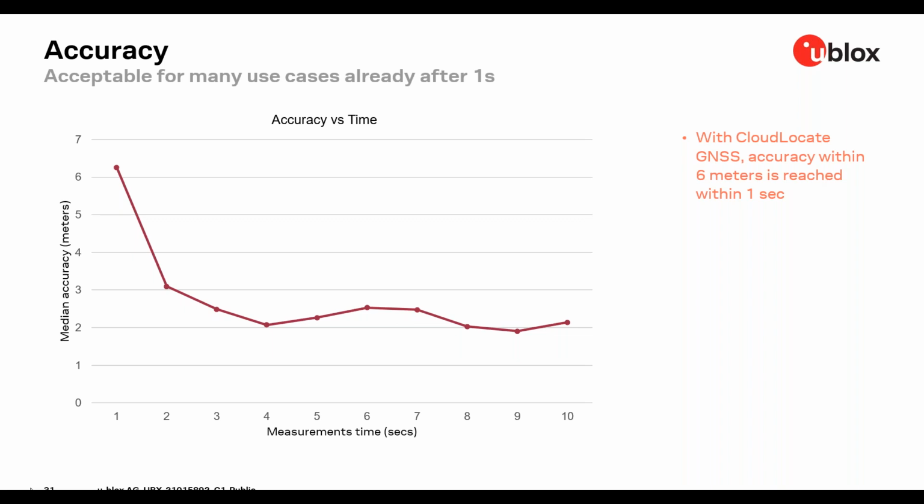You see that even with 1 second, we can achieve a really good accuracy, about 6 meters in median. And if you keep the receiver switched on for a longer time, you can arrive at 2 to 3 meters. So very, very good. I think it's quite in line with your answer in the first poll.